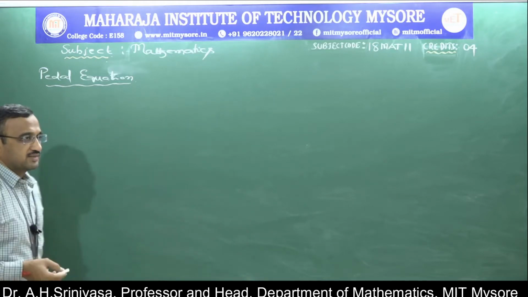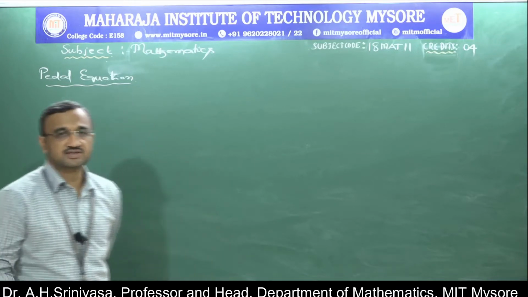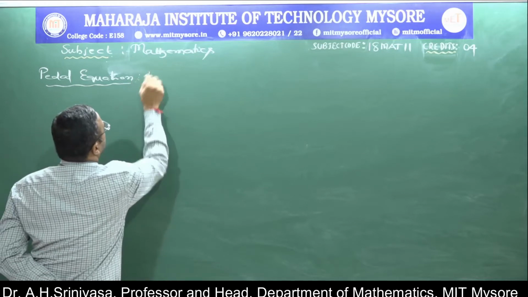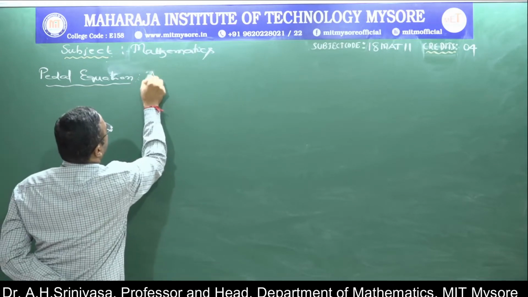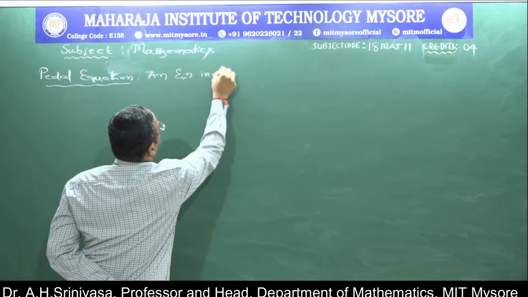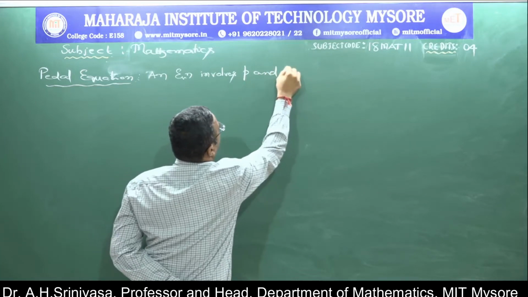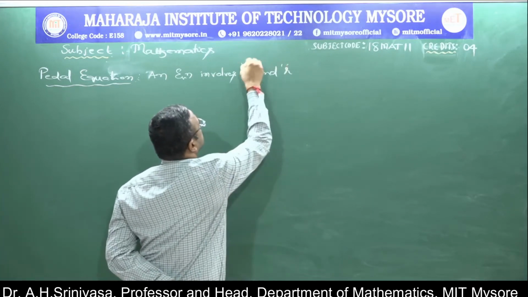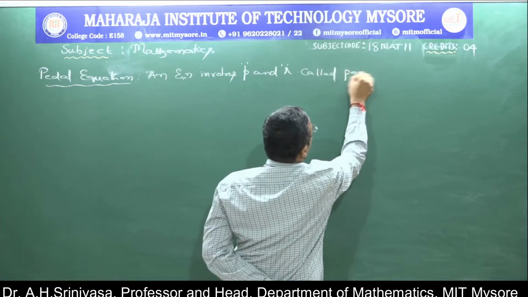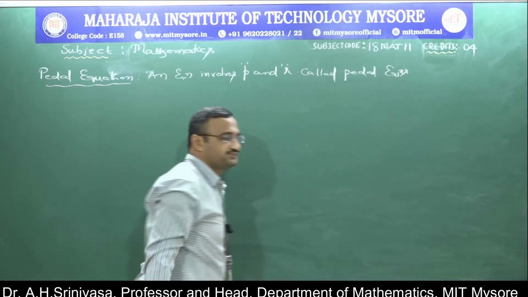So one important theorem is there now: the length of the perpendicular from pole to tangent. That is what I am going to prove now. An equation involving P and R is called a Pedal equation.